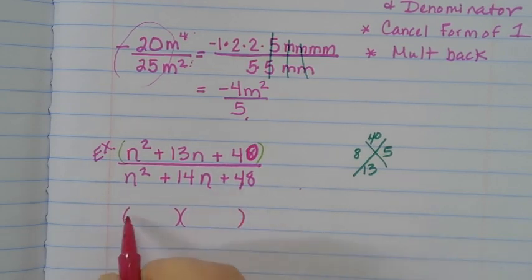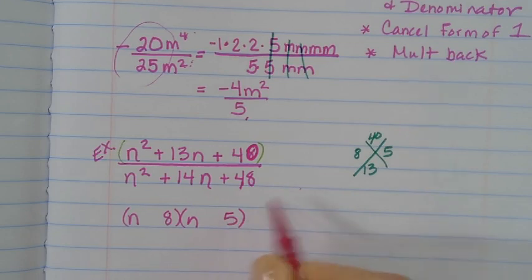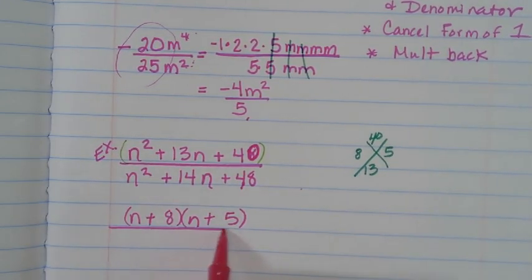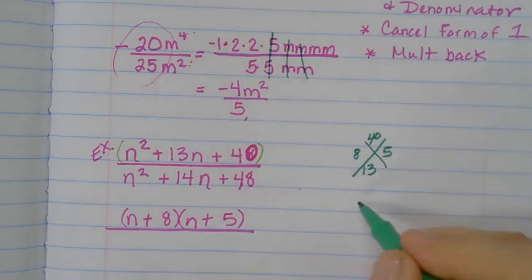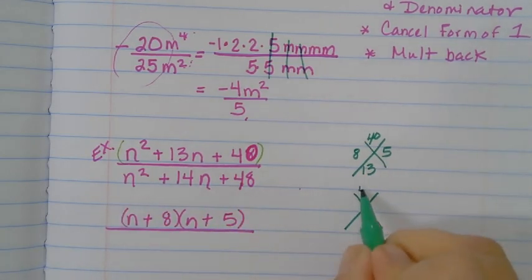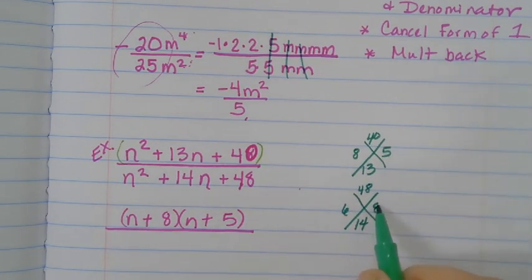Take the shortcut. 8 and 5. They're both positive. Now we need to do the same thing for the denominator. So let's see, it'd be 48 and 14. 6 and 8.